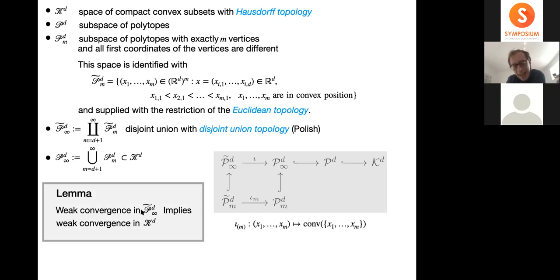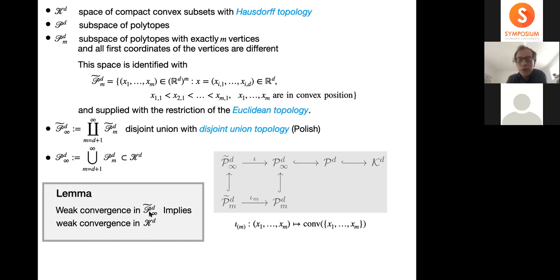That's nice because hopefully showing weak convergence in this representation space is easier, because this is just a disjoint union of subsets of Euclidean space, and hopefully Euclidean spaces are easier to handle. But the next question is, of course, is this of any practical interest?